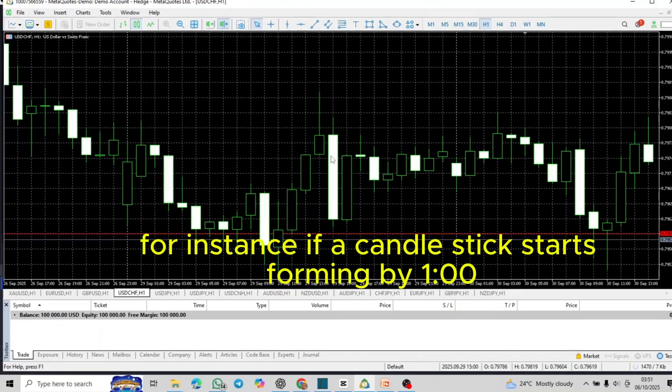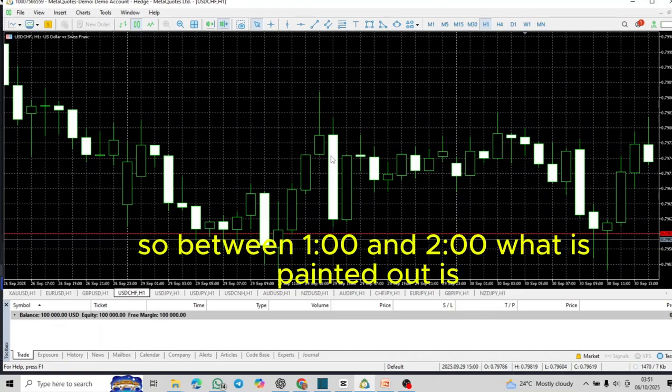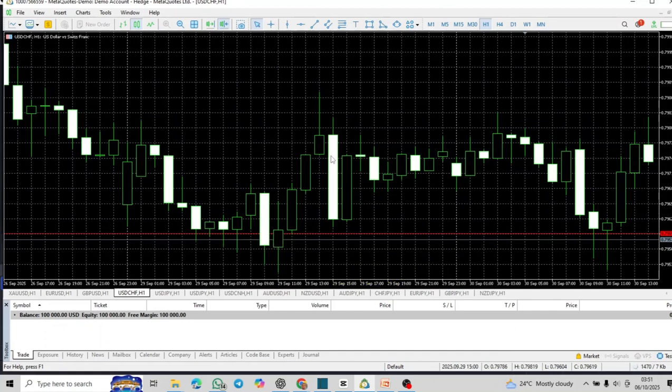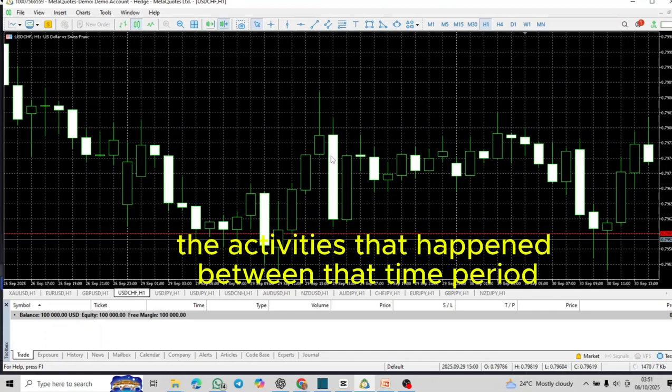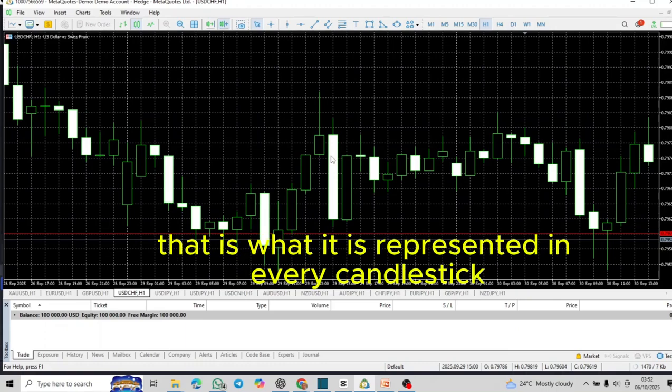For instance, if a candlestick starts forming by 1 o'clock, between 1 o'clock and 2 o'clock, what is painted out is the activities that happen between that time period. That is what is represented in every candlestick.